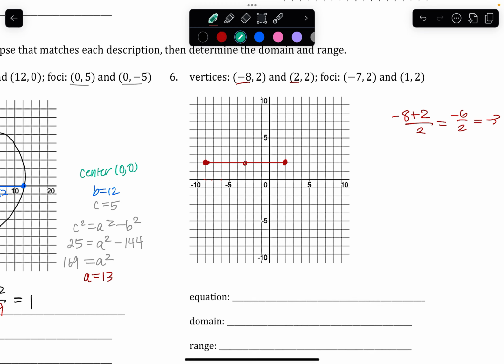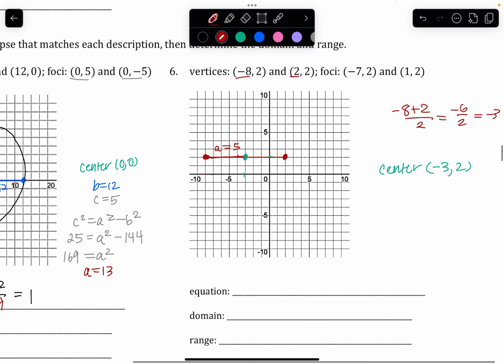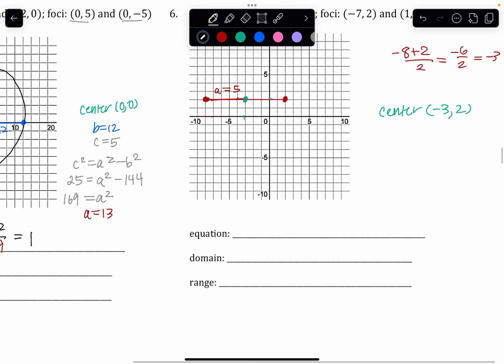So my center is (negative 3, positive 2). And we also get the A value from this. And so my A value is a distance of 1, 2, 3, 4, 5. Okay, and so we can start writing our equation with what we have.